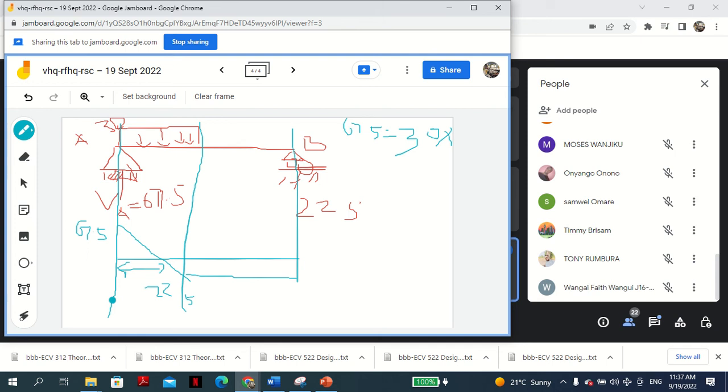That makes this I think 2.25. Now from this you can draw. I think now that makes it easy. No need to waste a lot of time there. So from here you can get the bending moment diagram of this structure.